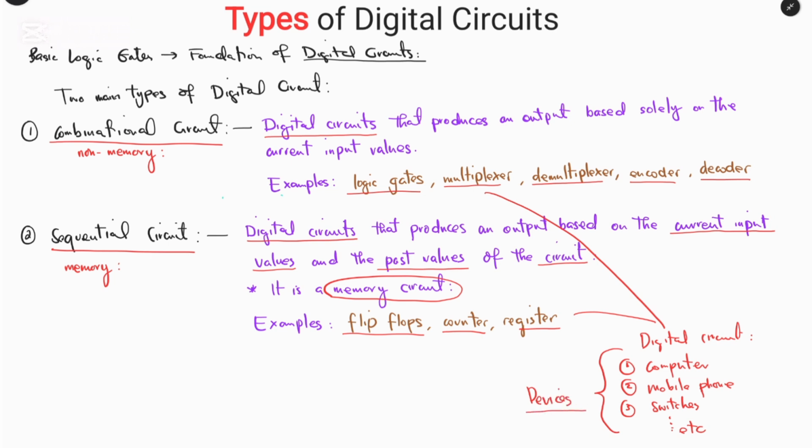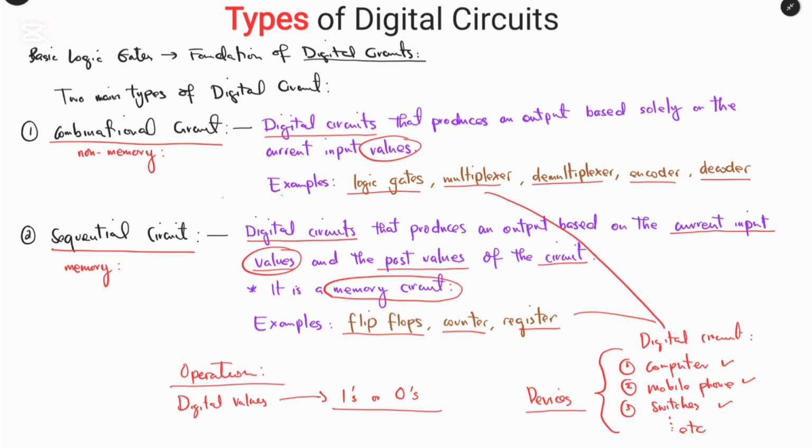So it is important that you learn what combinational and sequential circuits are, so that you appreciate how computers, mobile phones, switches, and any form of digital circuit operate, using digital values, which are the ones or the zeros.